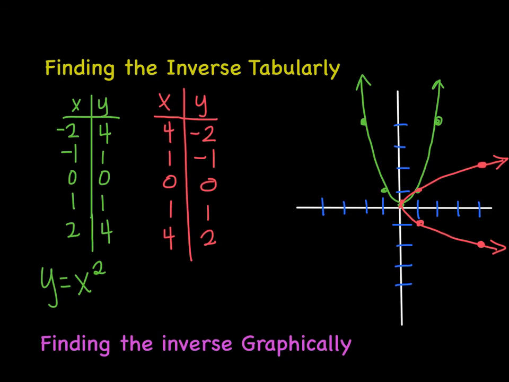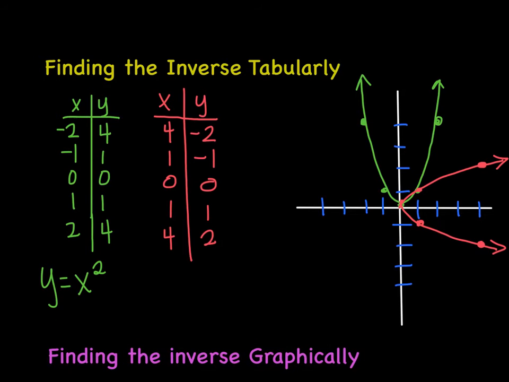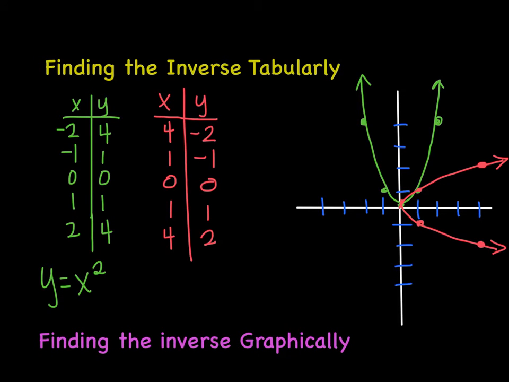Really quickly, on the bottom of this page, I want to show you how I check an inverse graphically. I check an inverse graphically by reflecting over the line y equals x. The line y equals x is the parent function for tables. It has the points (1, 1), (2, 2), (3, 3), (4, 4), (-1, -1), (-2, -2), and so on.